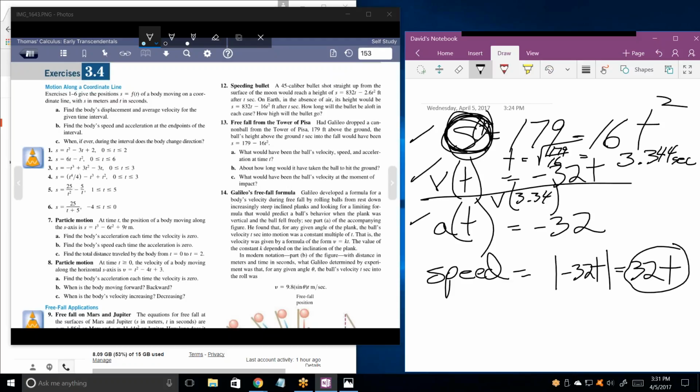Plug it into negative 32t. What do you get? Negative 107 point something. So just 107, and that's feet per second. Notice the negative sign. That means it's going down. It's not going up. So speed is still 107 feet per second, but its velocity is minus 107 feet per second.